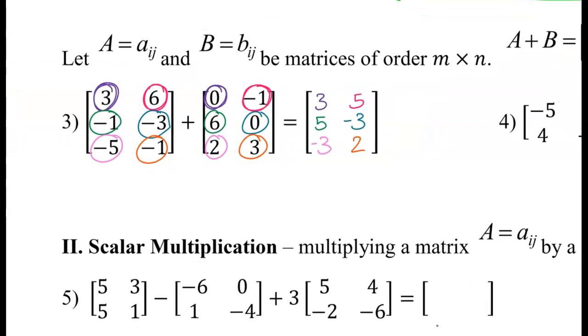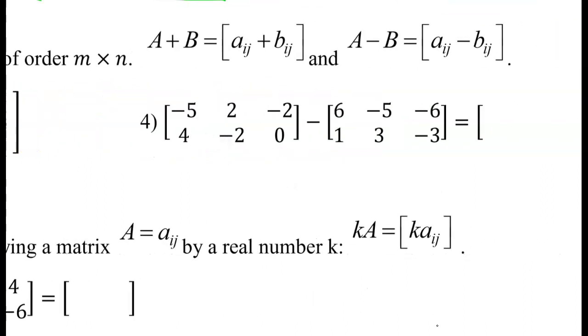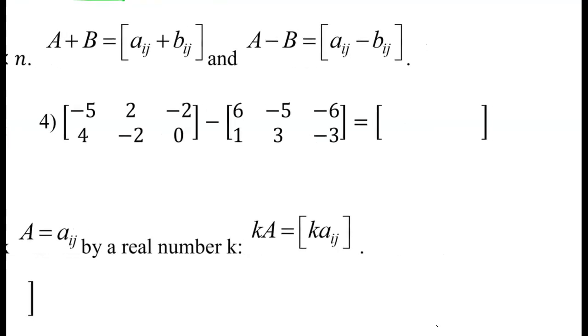Any questions on adding matrices? All right. So now I want you guys to give me these values. We are subtracting. So you kind of think of the subtraction as distributing the subtraction to the second matrix.